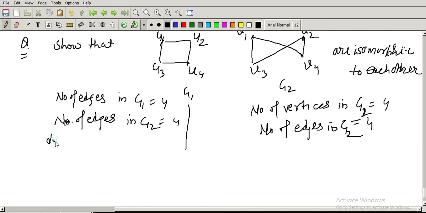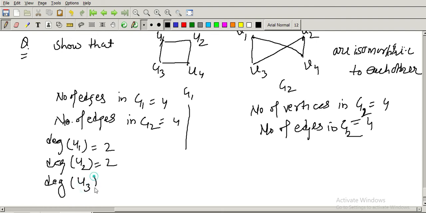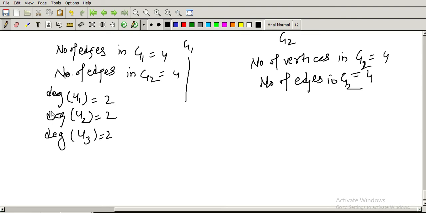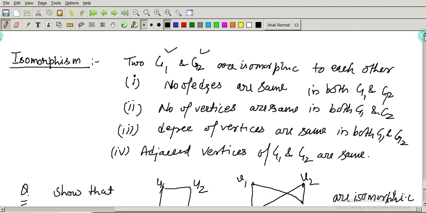So degree of u1 in this graph is 2, the degree of u2 is 2, the degree of vertex u3 is 2, and if you don't know about the degree, then find out my first lecture, right? So degree of u4 is 2. So all the vertices are the same degree in G1, right? 2, 2, 2.